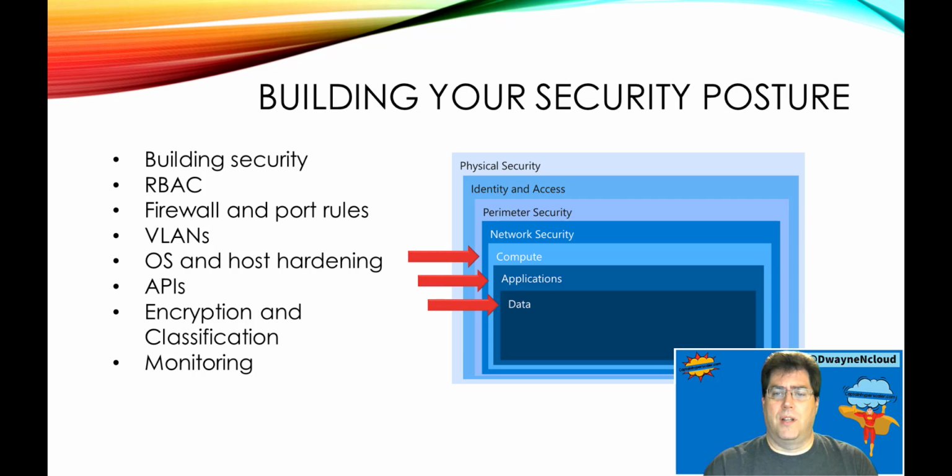We're getting a little bit more into compute, applications and data security in this rather than networking, but there are some things to think about in terms of backup and disaster recovery that have to do with your network and how you're architecting within the Azure and the hybrid environments, and that's what we'll focus on here in the slides, as well as when we talk in the demo about how we're connecting to our hybrid architectures.